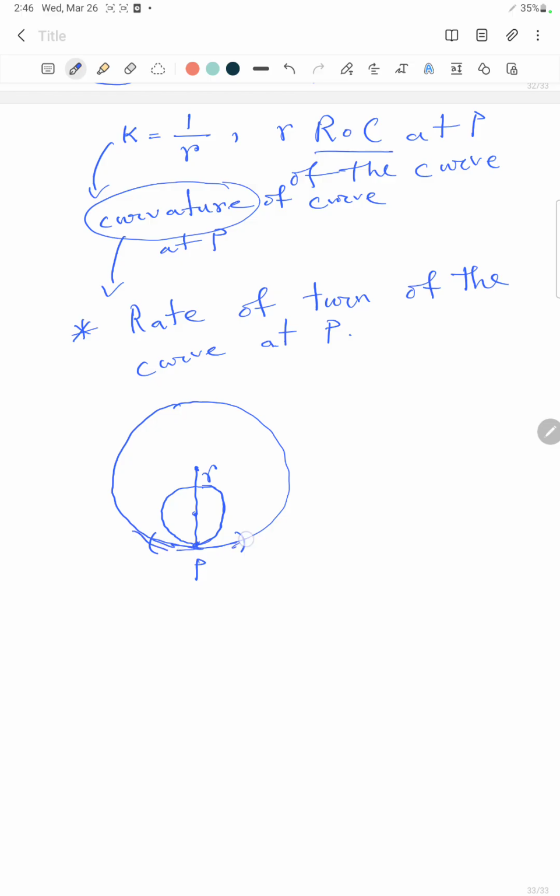If you measure the turn of the tangent from this point to this point, the difference will be much smaller. And within this range, if you consider the turn of the tangents for this circle, which has a small radius, the total angle of turn of the tangents for this small circle will be much higher than for this big circle.